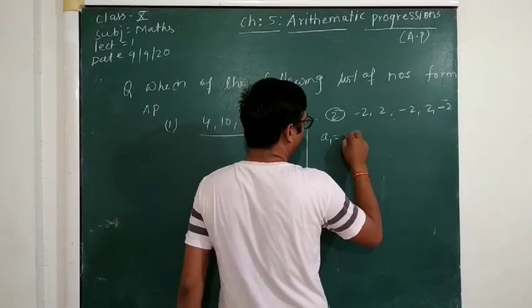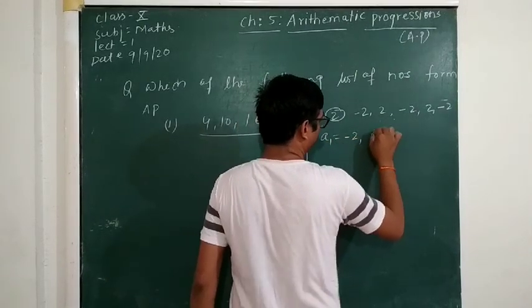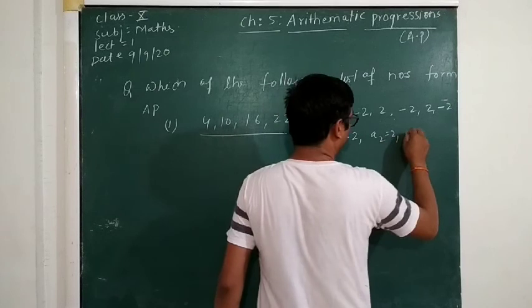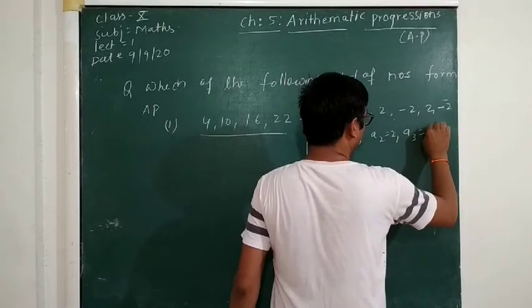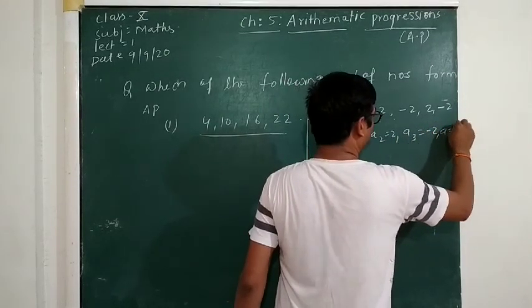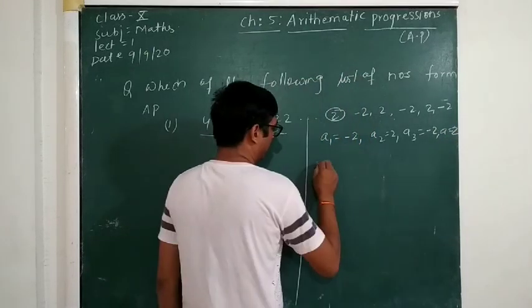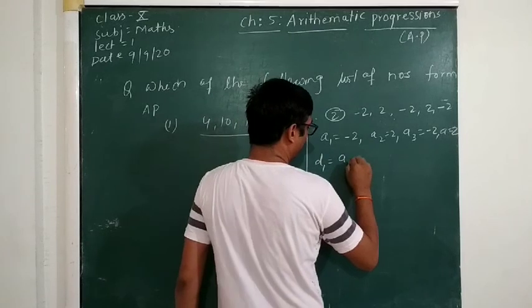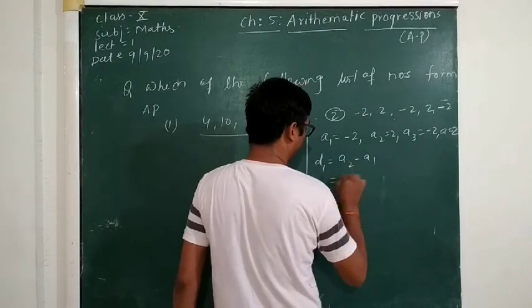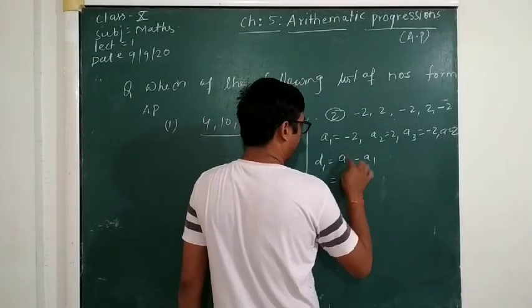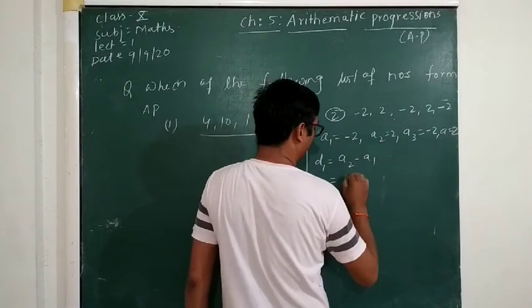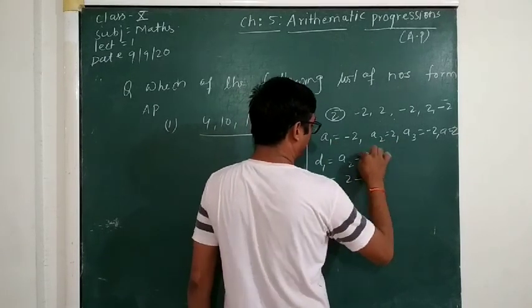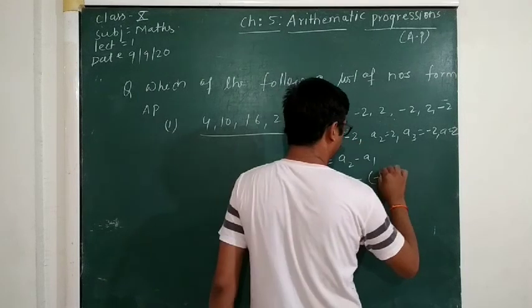A1 is equal to minus 2, A2 is equal to 2, A3 is equal to minus 2, A4 is equal to 2. Now d1 is equal to A2 minus A1. A2 is 2 minus A1, which is minus 2.